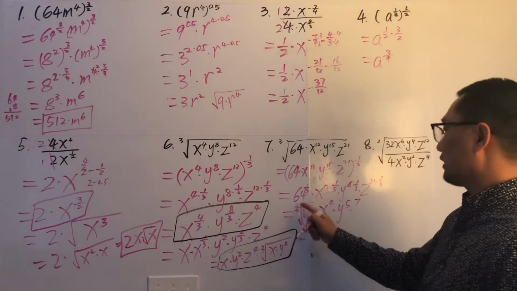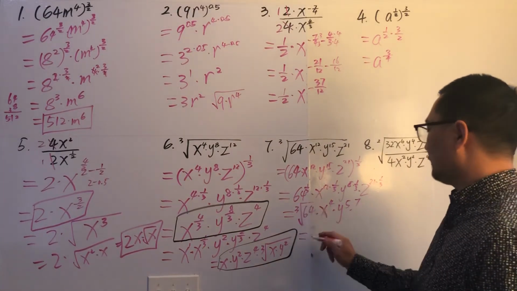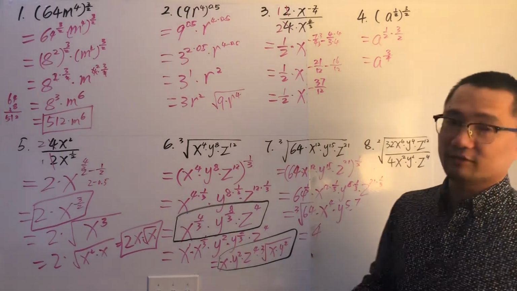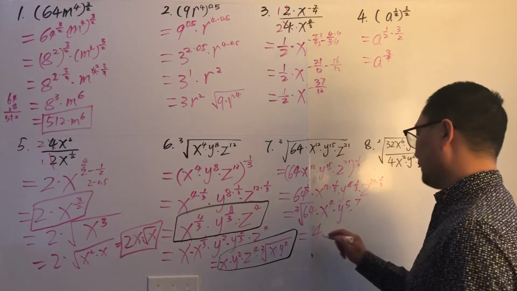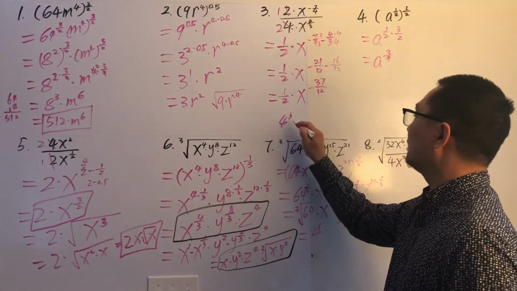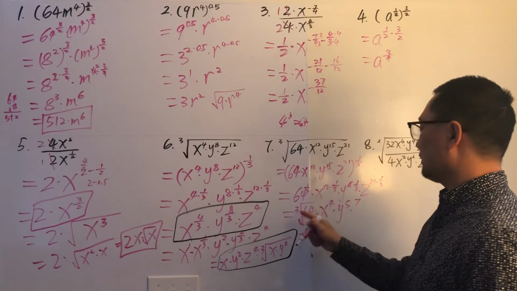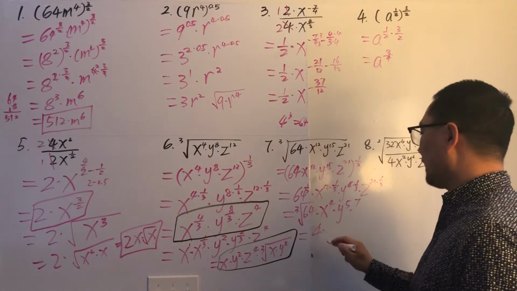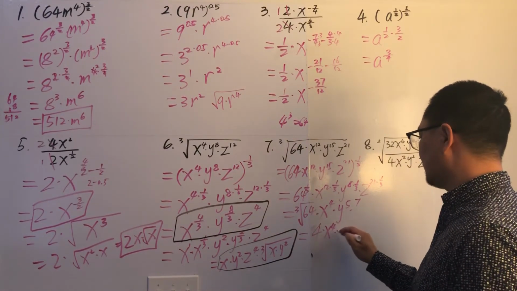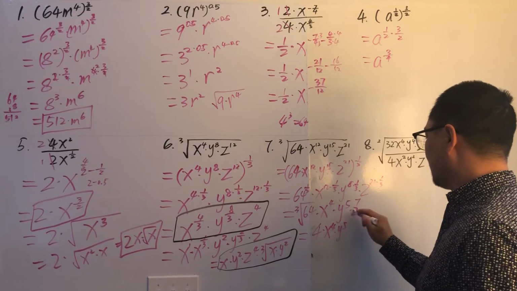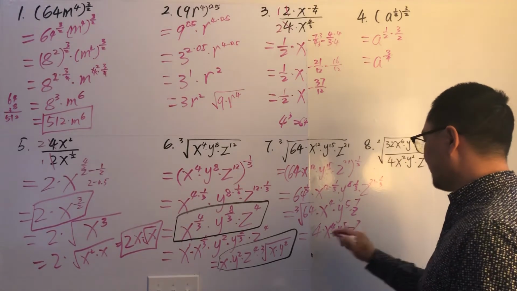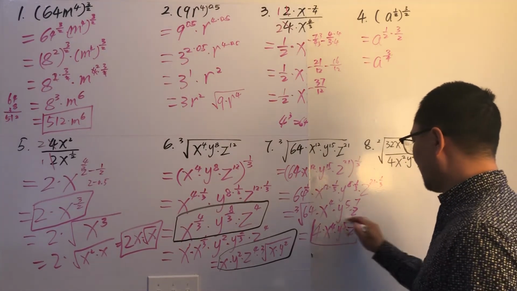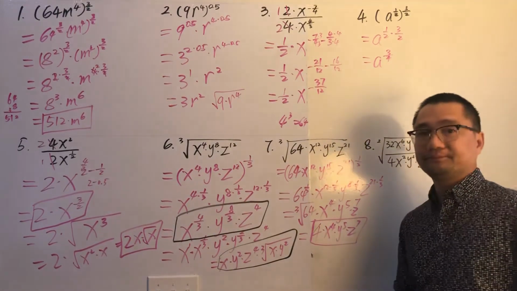That means cubic root 64 is 4. You can use the calculator to find out. And also you know 4 cubed is 64. That means cubic root 64 is 4. Then the final answer is 4 times x^4 times y^5 times z^7. So that is the final answer for number 7.